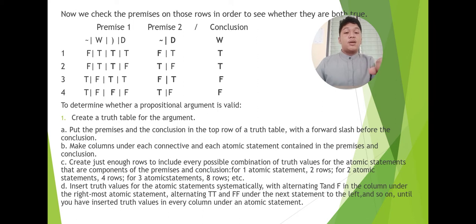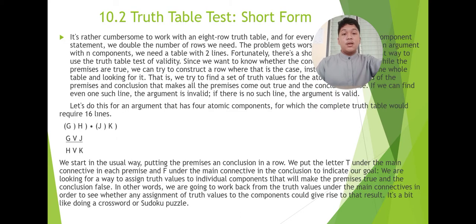And then, create just enough rows to include all possible combinations, as I said earlier. And then, lastly, insert truth values for the atomic statements systematically with alternating T and F in the column under the rightmost atomic statement and under the next statement to the left and so on, until you have inserted truth values in every column under the atomic statements.